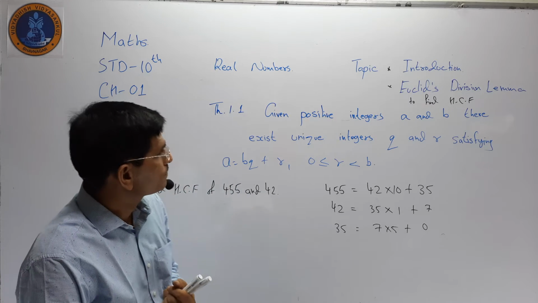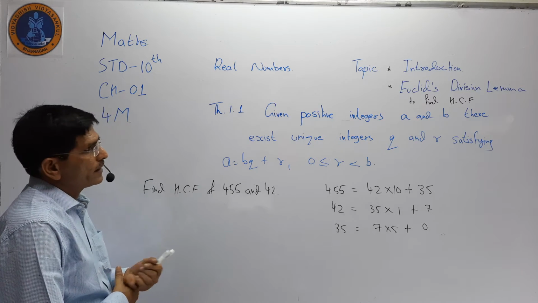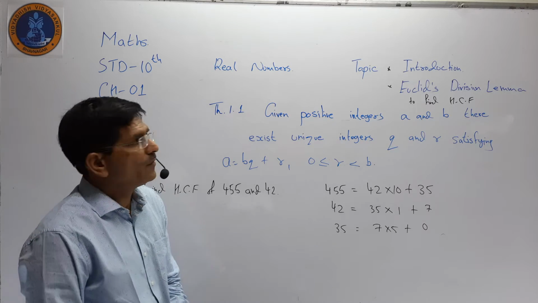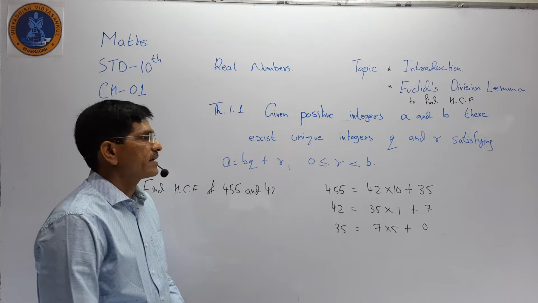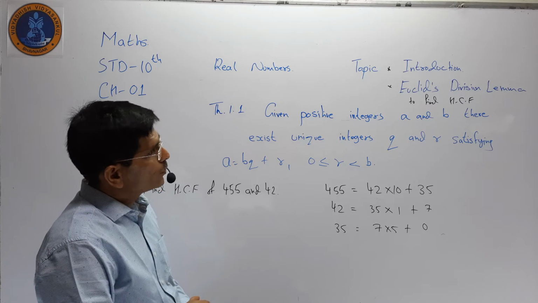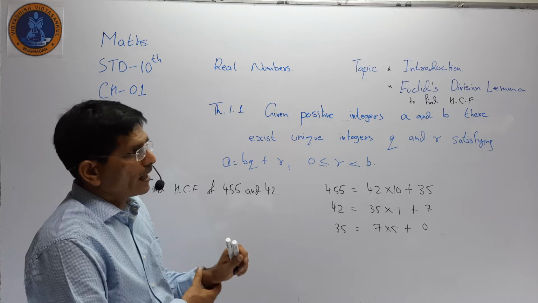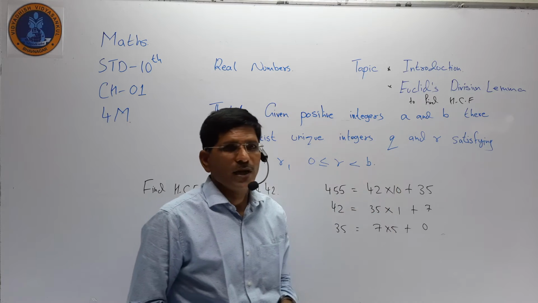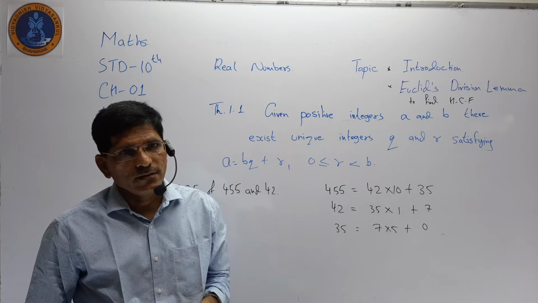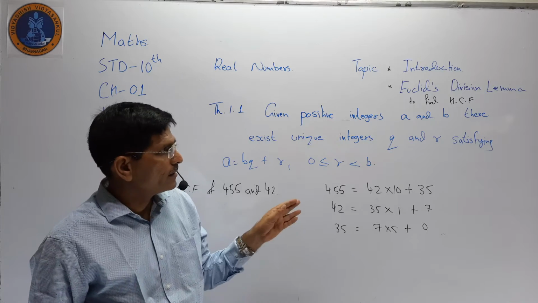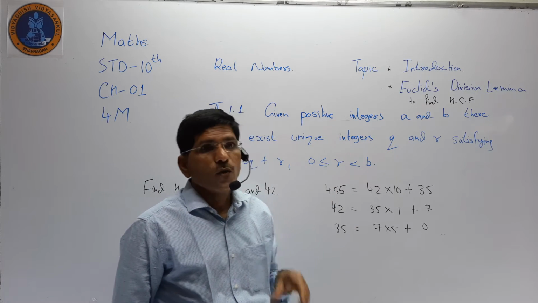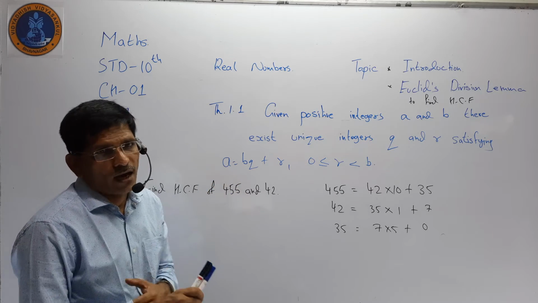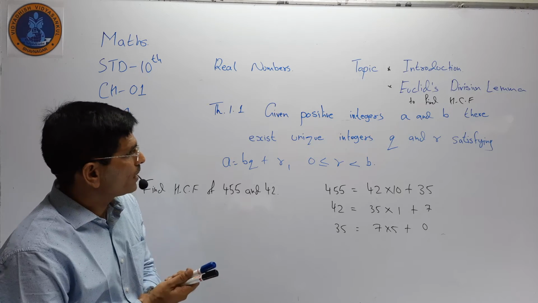The statement is: given positive integers a and b, there exist unique integers q and r, the quotient and remainder, satisfying a equals bq plus r.